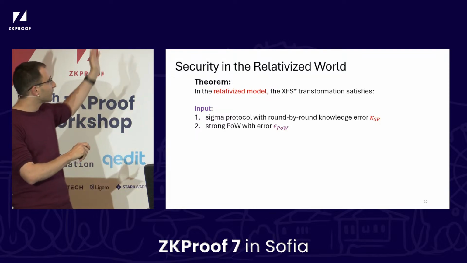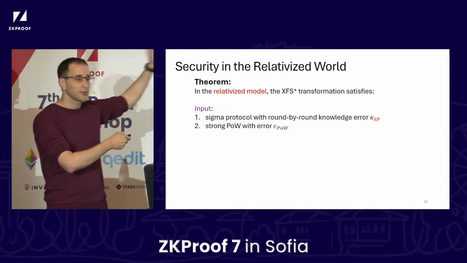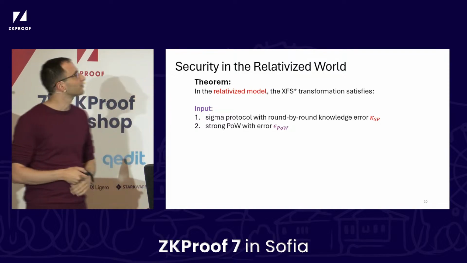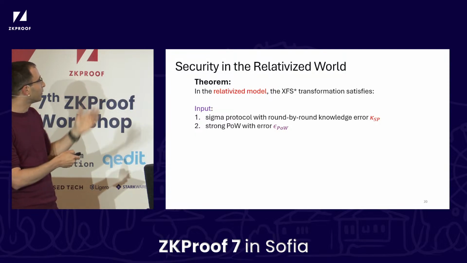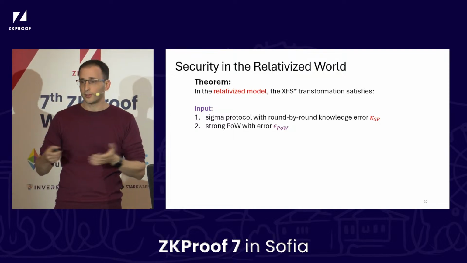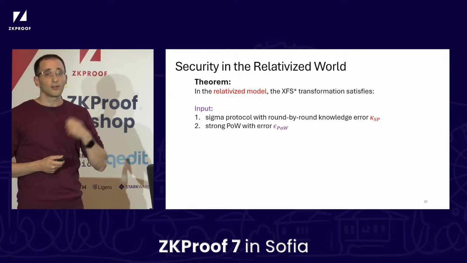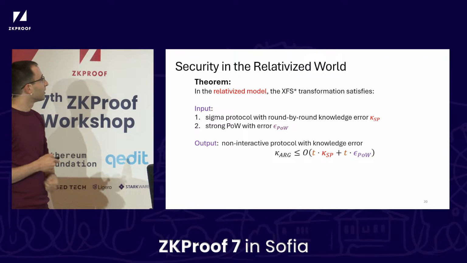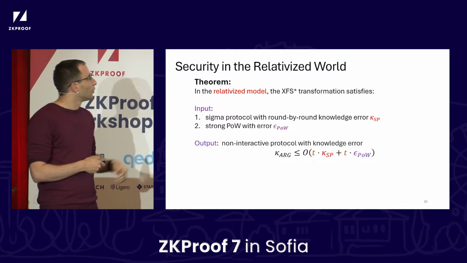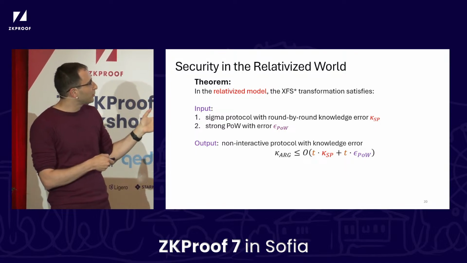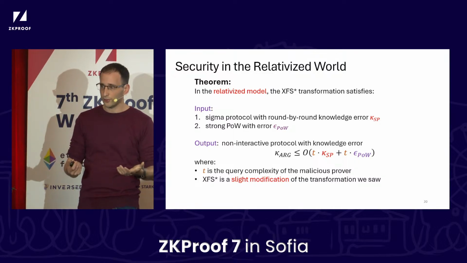If you give it a sigma protocol, a public-coin 3-message protocol, with round-by-round knowledge soundness, but let's just say knowledge sound, with error kappa, and you give it a strong proof of work with some error epsilon, which is the probability that someone will solve the proof of work in small time, then the XFS transformation outputs a non-interactive protocol with error O of T times kappa plus T times epsilon, where T is the number of queries or the running time of the malicious prover.